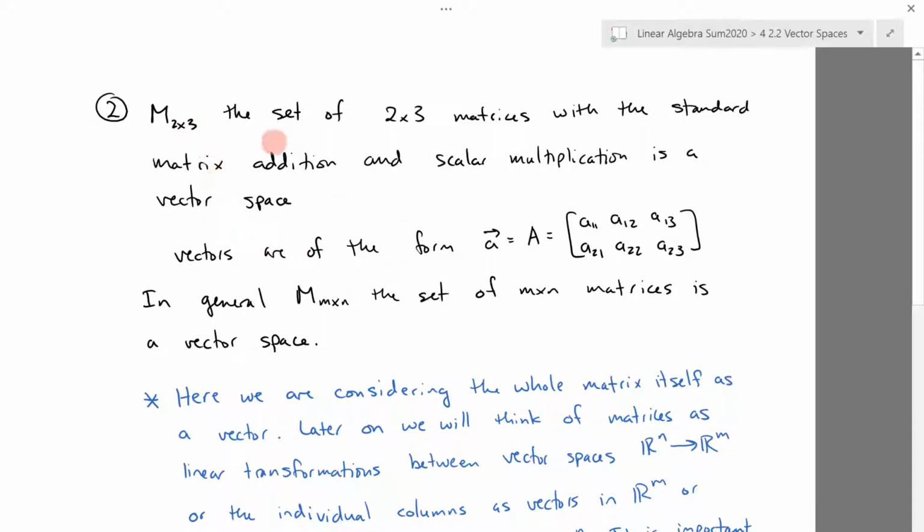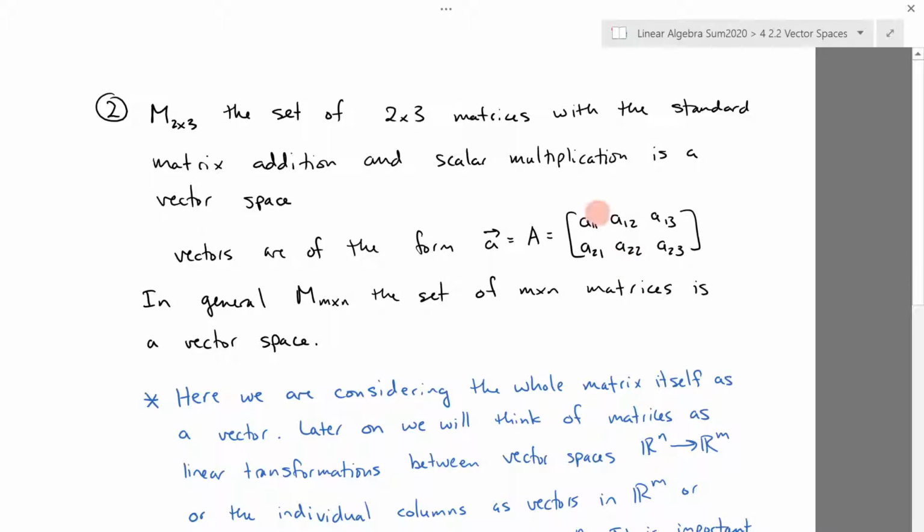The vectors of the 2 by 3 matrices are of this form, where you have a 2 by 3 matrix. Essentially you can think of it as a vector where each entry of the matrix forms a coordinate of the vector.